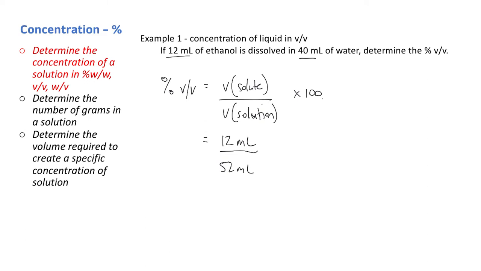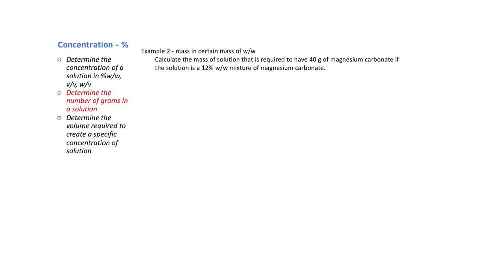Not just the 40 that it was dissolved in. Therefore that will be 23.08%, times 100. You've got to remember you're looking for the volume of the solution, not just what you dissolved it in. Okay, let's have another one.